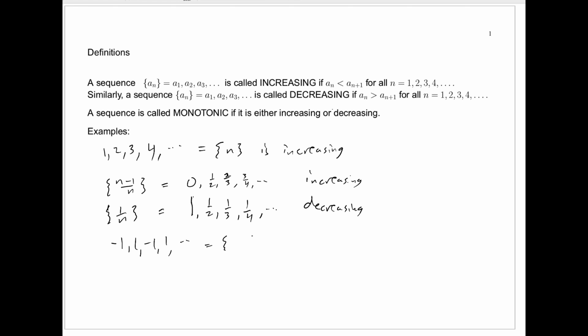This is the sequence we've looked at before, minus 1 to the nth power. This is neither increasing nor decreasing. All of these are monotonic, whereas this one is not monotonic.